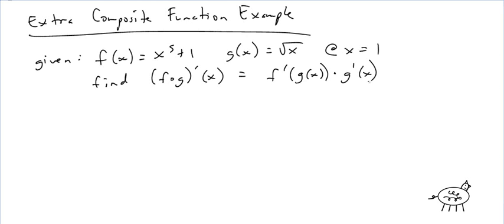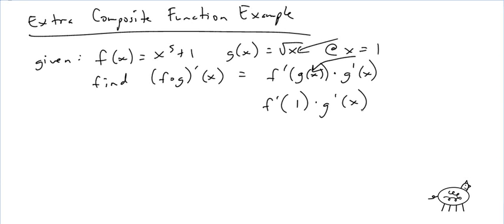All right? So let's plug things in. First of all, if I put a 1 in there, it's going to be f prime of g of 1. g of 1 is just 1, right? So if I put a 1 in here, that means I plug a 1 into there, square root of 1 is 1, and then times g prime of x.